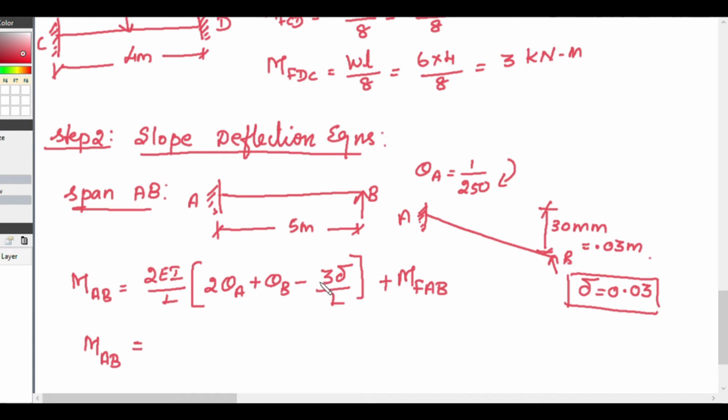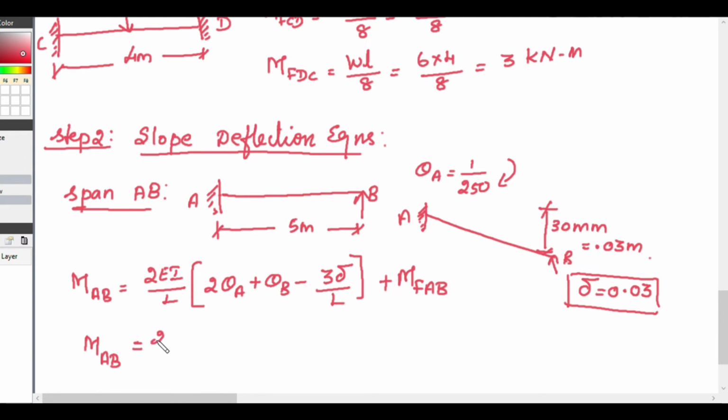This is minus 3 delta because settlement is always supposed or assumed to be downward direction. That is why it is minus 3 delta. So if your settlement is in the downward direction, there is already a negative sign. So you just put it as plus 0.03. Delta will be, there is no need of change of sign.